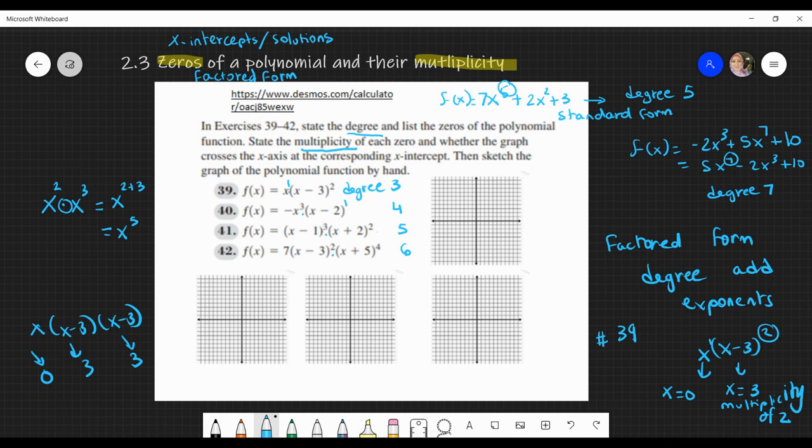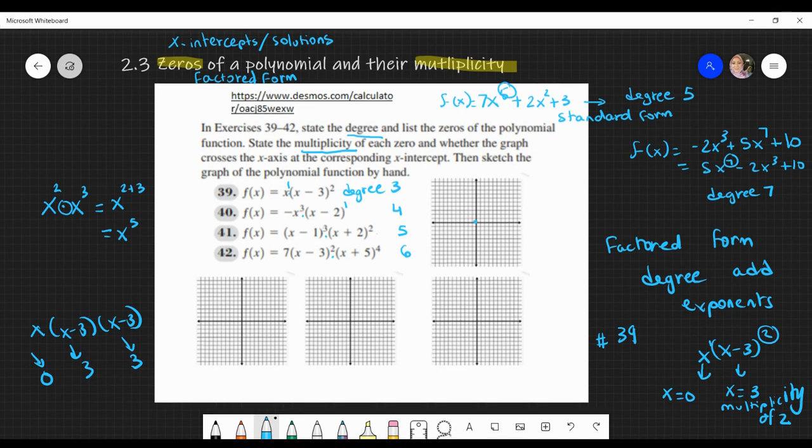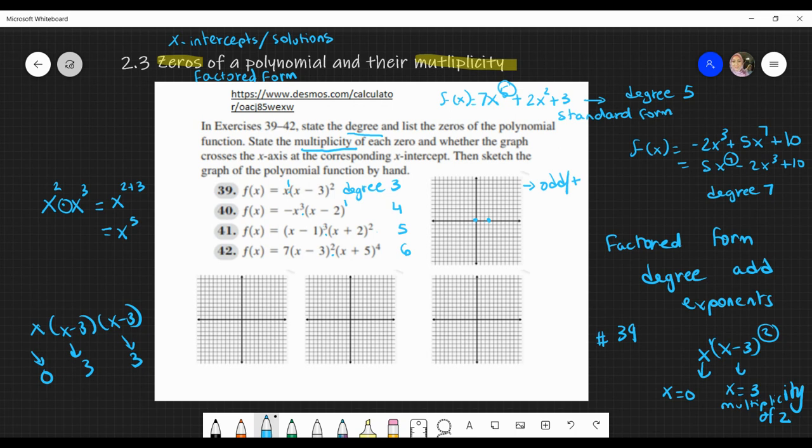So what does multiplicity do to the zeros? Well, it changes the shape of the graph at those zeros. So if I graph 0 as an x-intercept and 3, I also need to look at the end behavior, and I'm still working on 39. So the degree is odd, the leading coefficient is positive, so it's going to be a down, up end behavior.